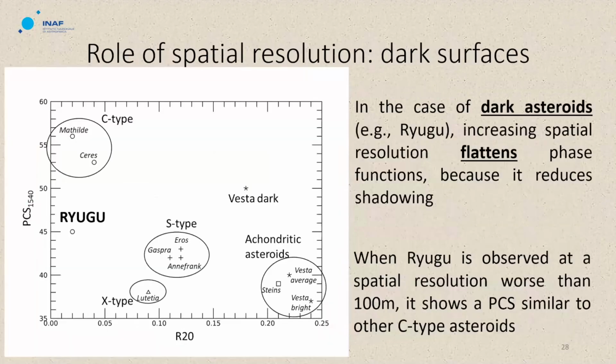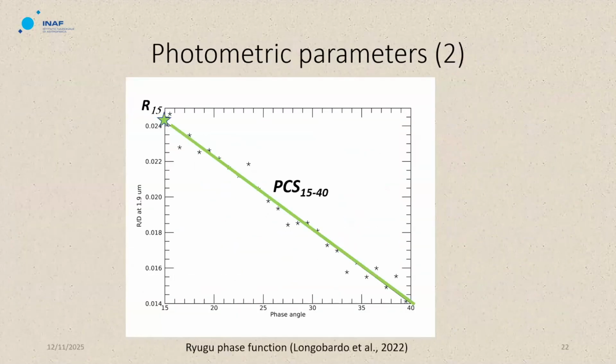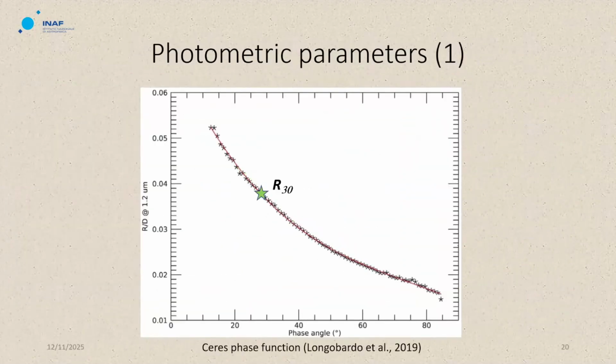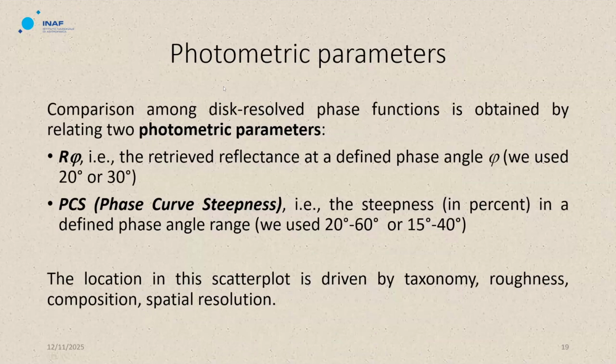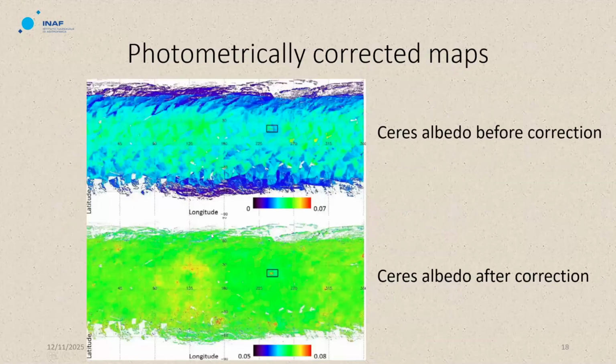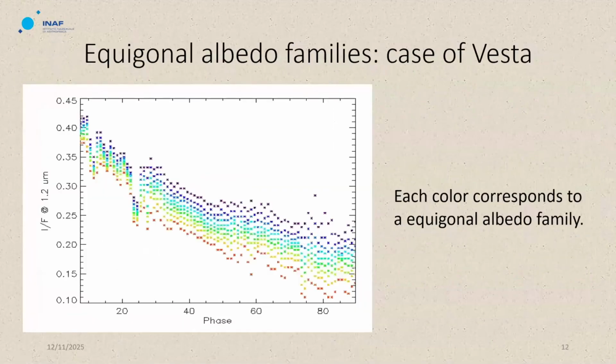How did you determine the equigonal albedo families for Vesta? Once I applied the Akimov function, for each phase angle we have 9 values.